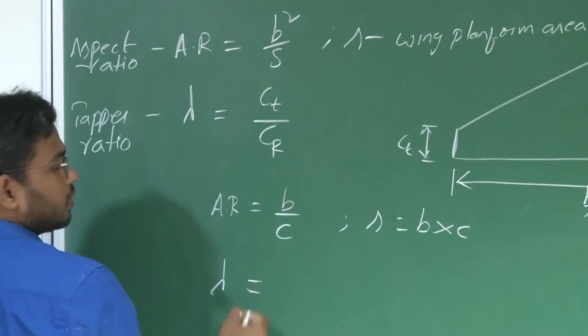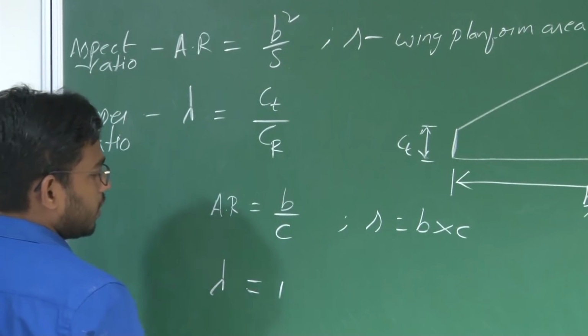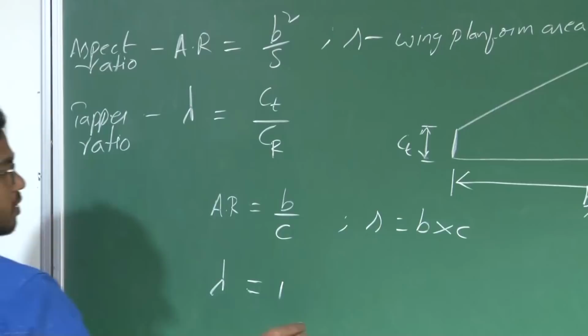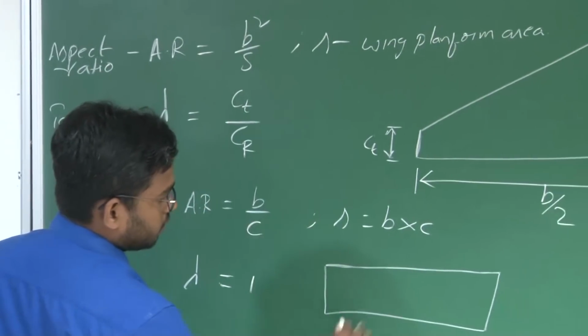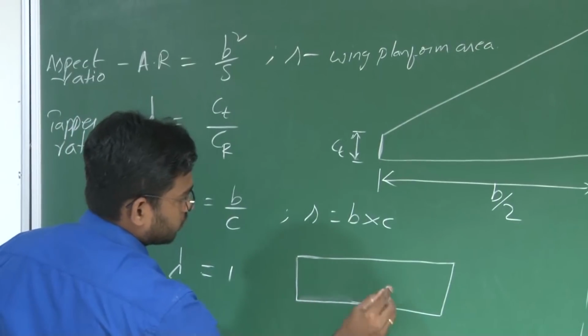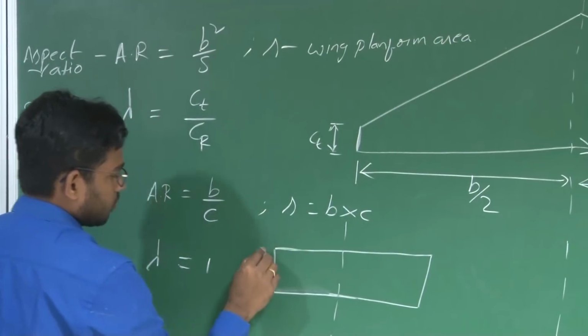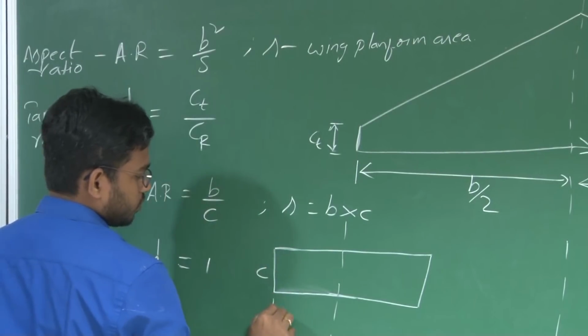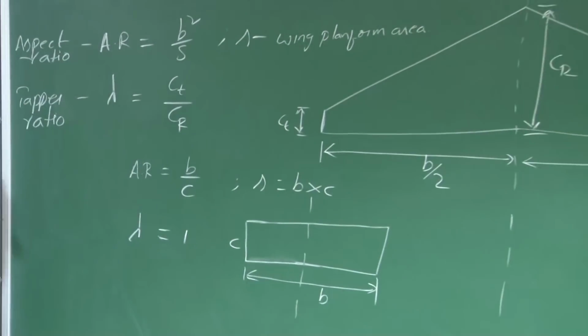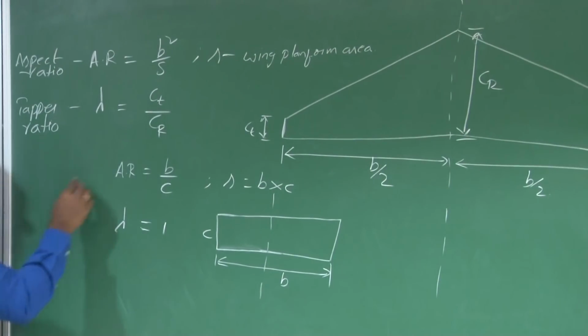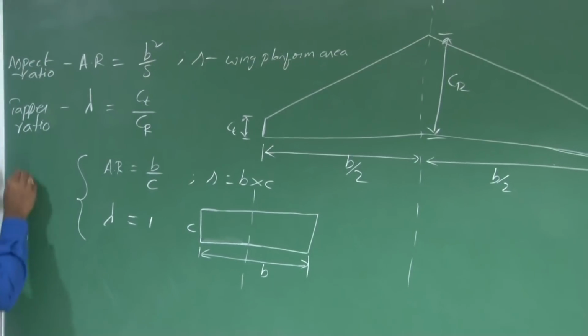And for a rectangular wing, taper ratio is 1 because Ct is equal to Cr. Okay, so this is for a rectangular wing.